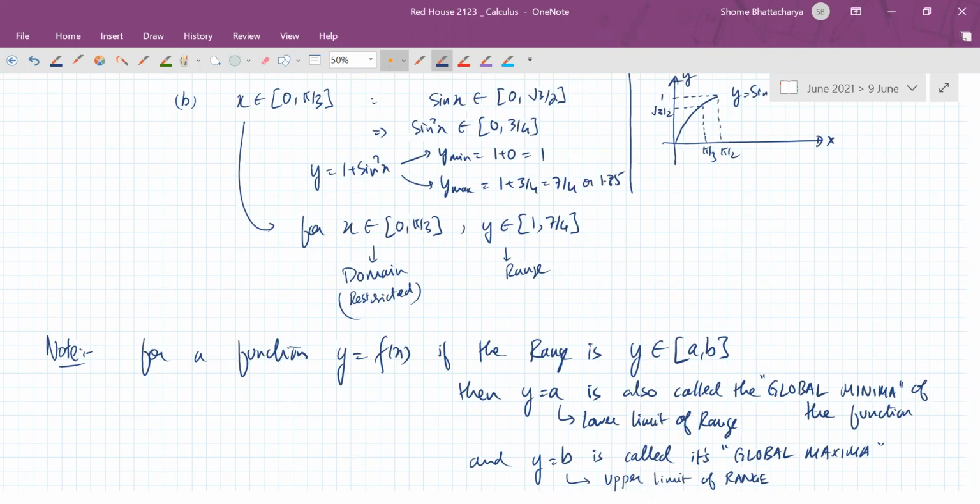It is just that for the domain of the function, the upper value that y reaches is the global maxima, and the lowest value that y reaches is the global minima. For example, in the above case, 1 plus sine square x, for the natural domain, we would say the global minima is 1 and the global maxima is 2.